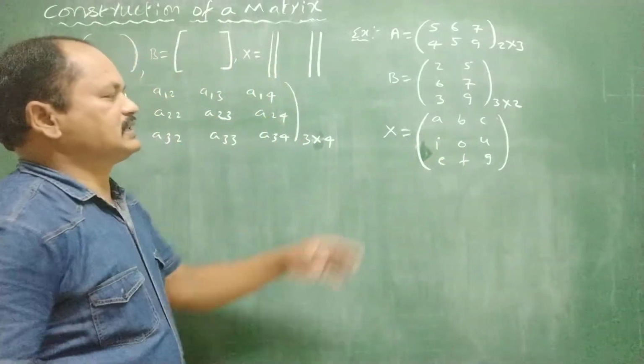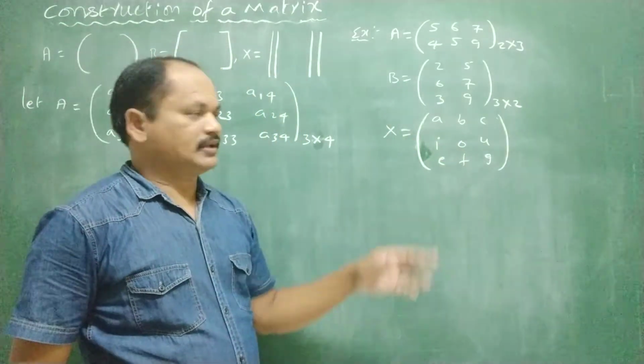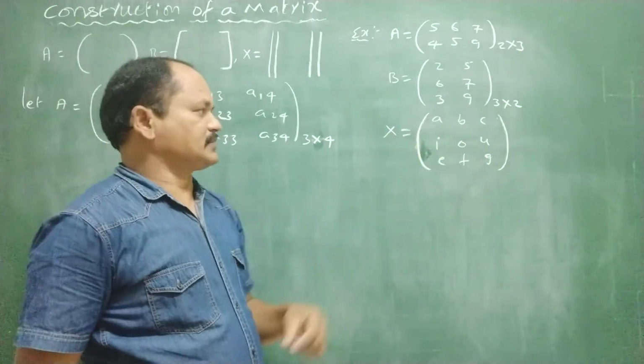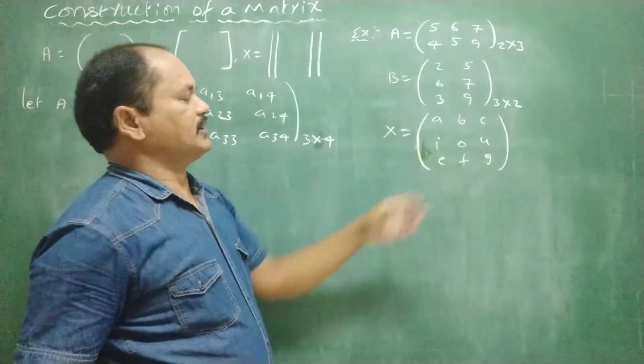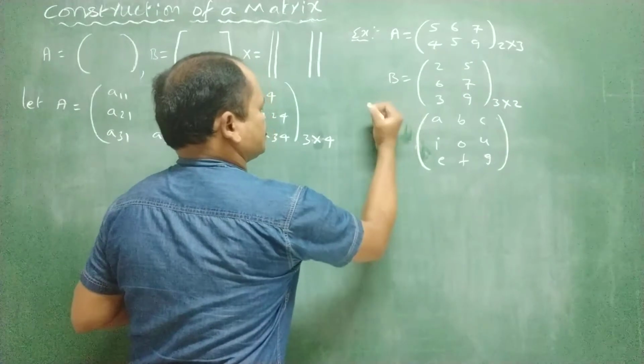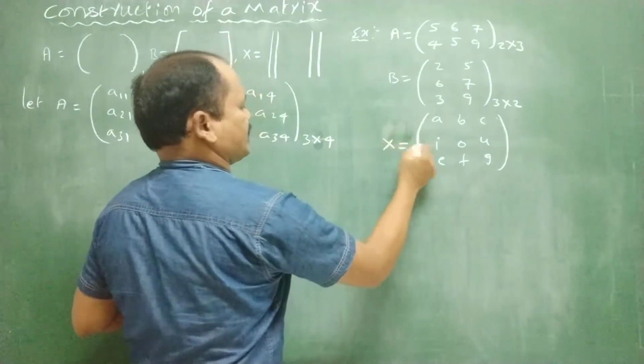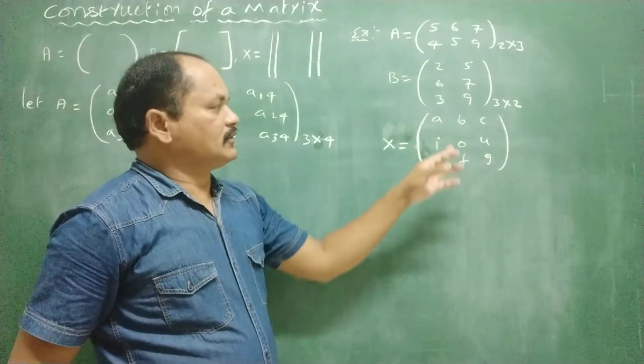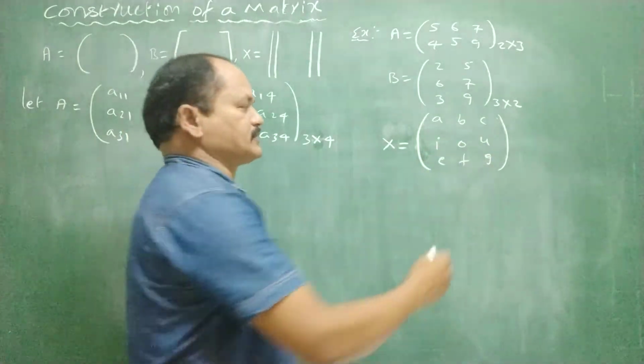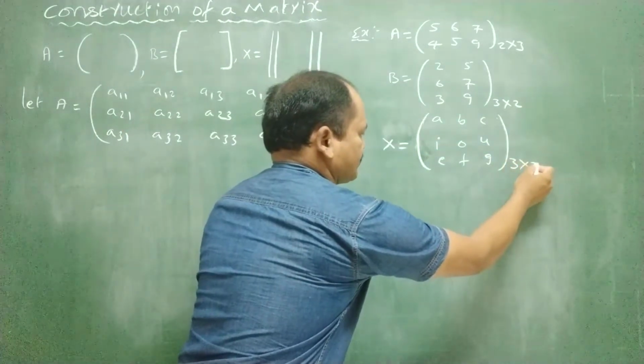That's all. This is another matrix. The matrix is represented by a capital letter and the elements in the matrix by small letters. Capital X contains 3 rows and 3 columns, so it is a 3 by 3 matrix.